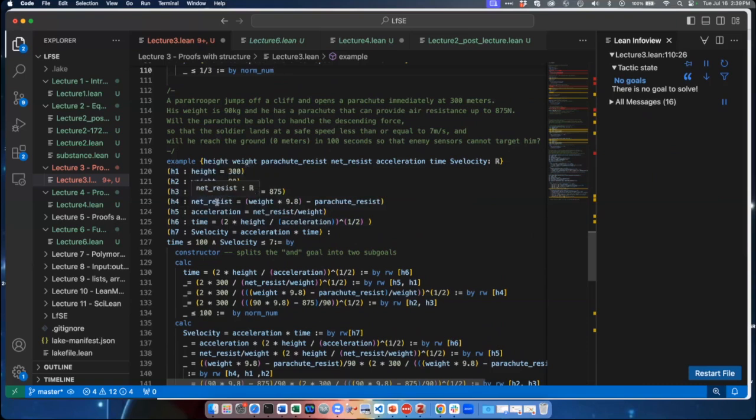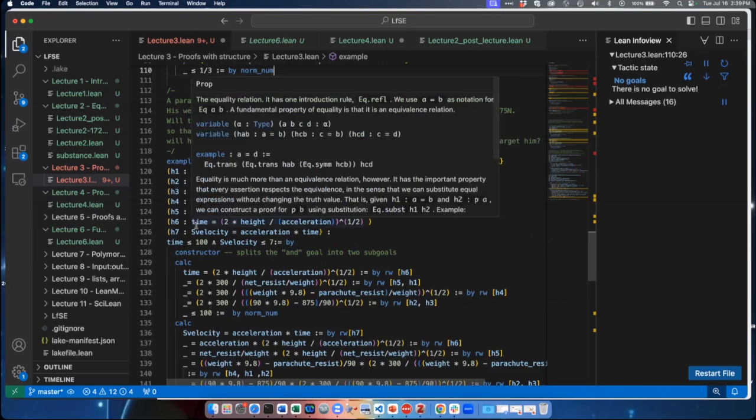The net resistance is going to be an equation relating the weight of this person, the acceleration due to gravity, minus the resistance. So this is the net force of resistance on the parachute. We have acceleration from this, which is the force divided by the weight. I should say mass in this. That would be a correction just in the words, but it doesn't change the math of this. Okay.